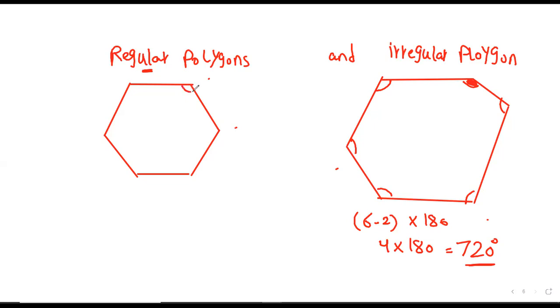So all angles are equal here. We have 6 equal angles. So how can we find the measure of any interior angle?